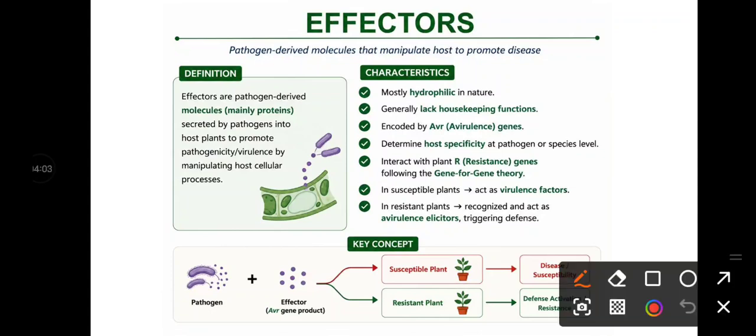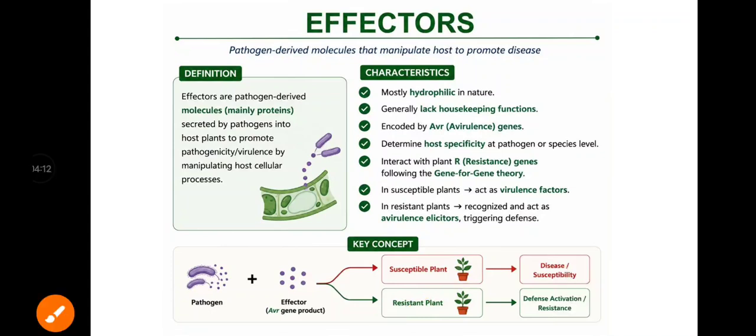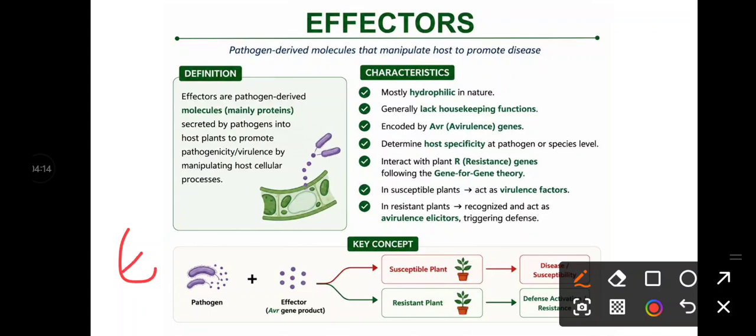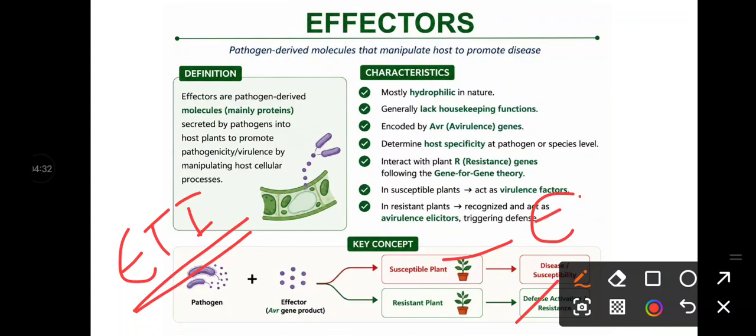But in case of a resistant plant, what happens? The resistance gene is there, so it will recognize the effector protein and it will trigger ETI, effector triggered immunity. Ultimately the defense system will be activated and the plant will show resistance, not disease. But in case of a susceptible plant, which system is triggered? Effector triggers susceptibility.